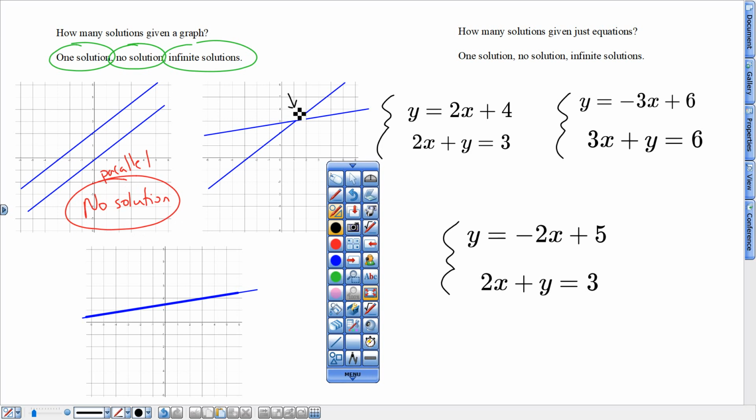Right here, they meet at one place. That is a one solution. Whenever two lines intersect, that is a one solution. And then this is same lines, which would be infinite solutions.